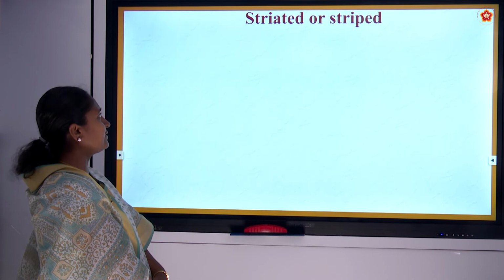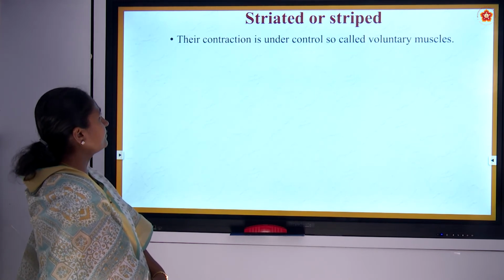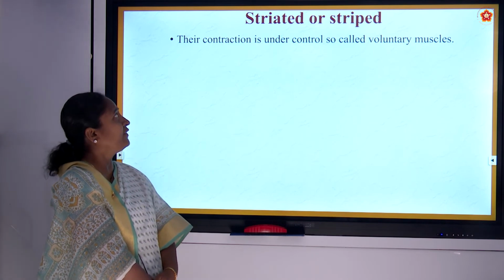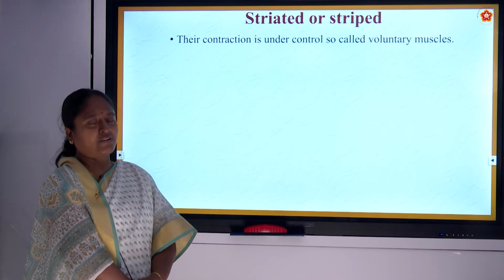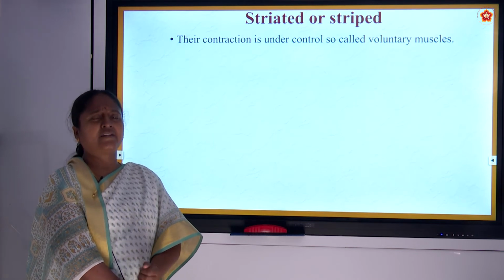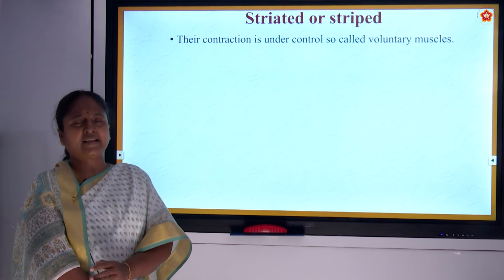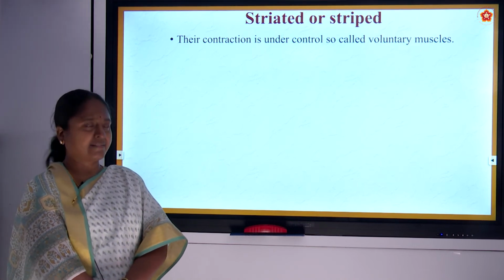First, we will see the striated or striped muscle cells. They are involved in contraction. Contraction means we have to move, right? If we are moving our hand or finger, the cells are undergoing contraction and relaxation.